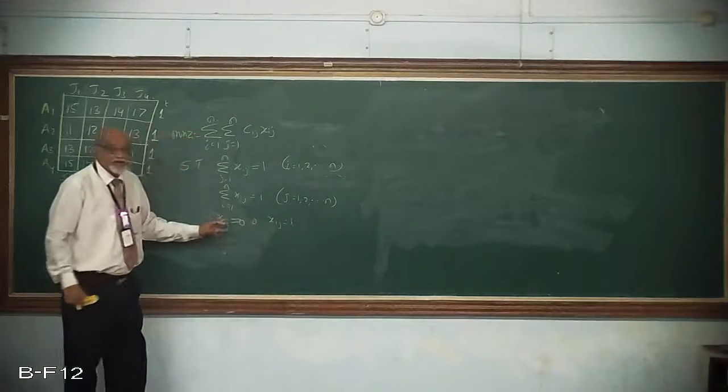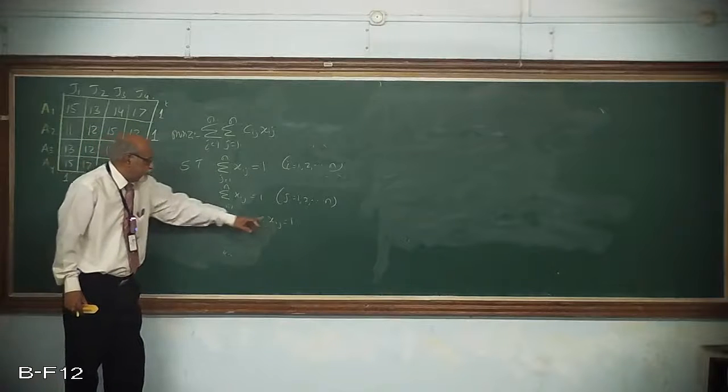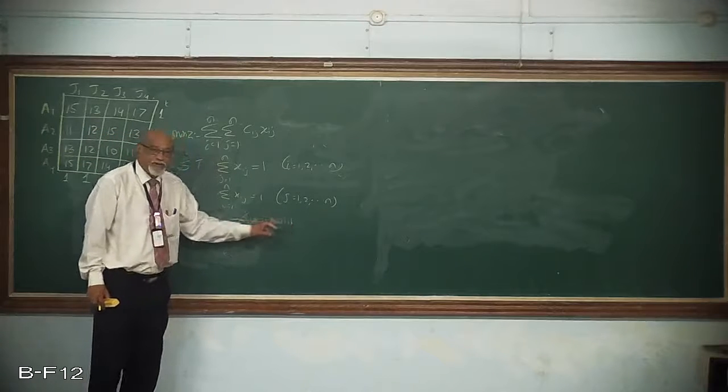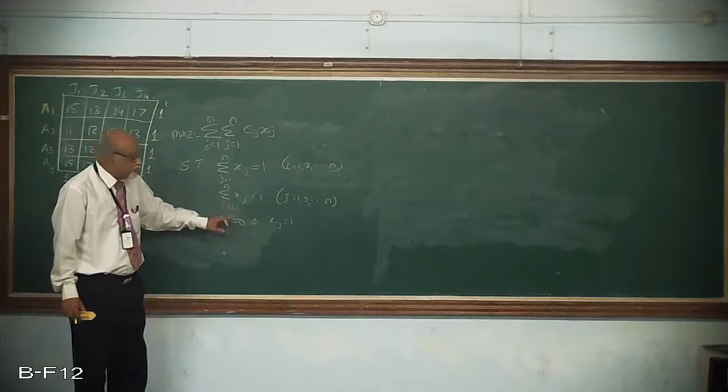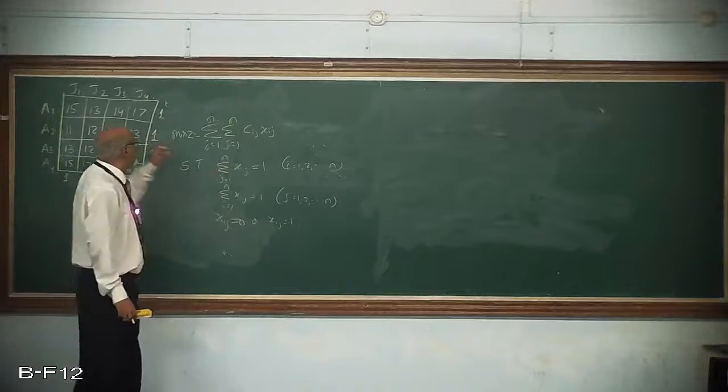Only two things are possible. If it is allocated, xij will become 1. If it is not allocated, it is going to become 0. That is what it means.